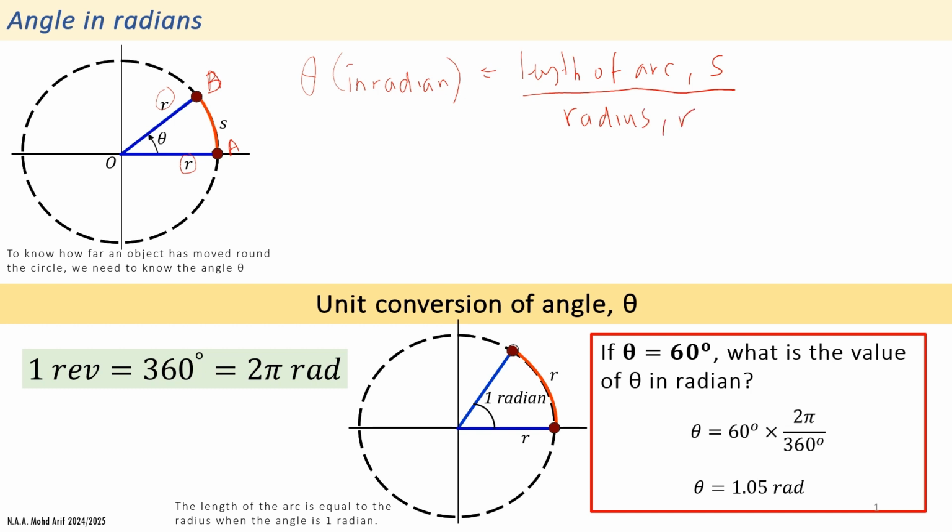Angular displacement is measured in radians. Since it is common to quote angles in degrees, it is useful to remember that 1 revolution equals 360 degrees, equals 2 pi radians.